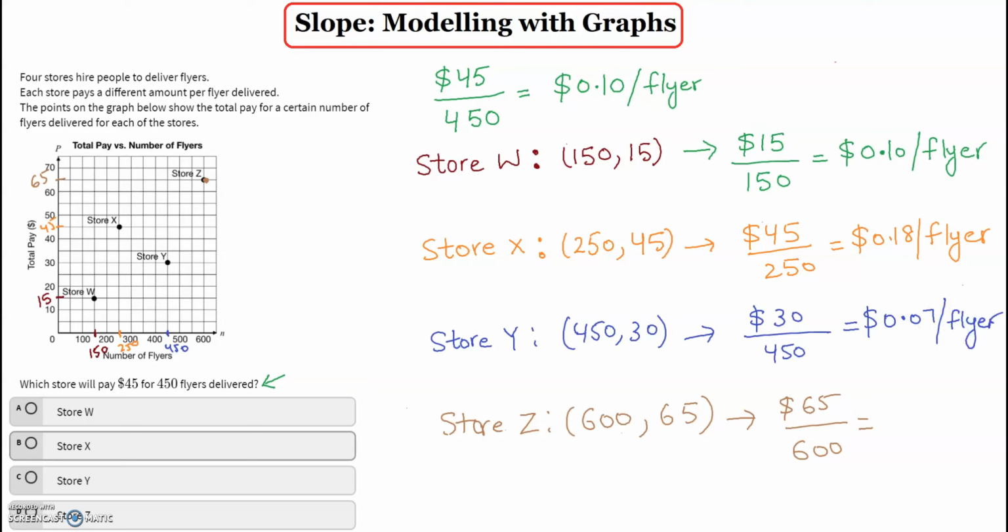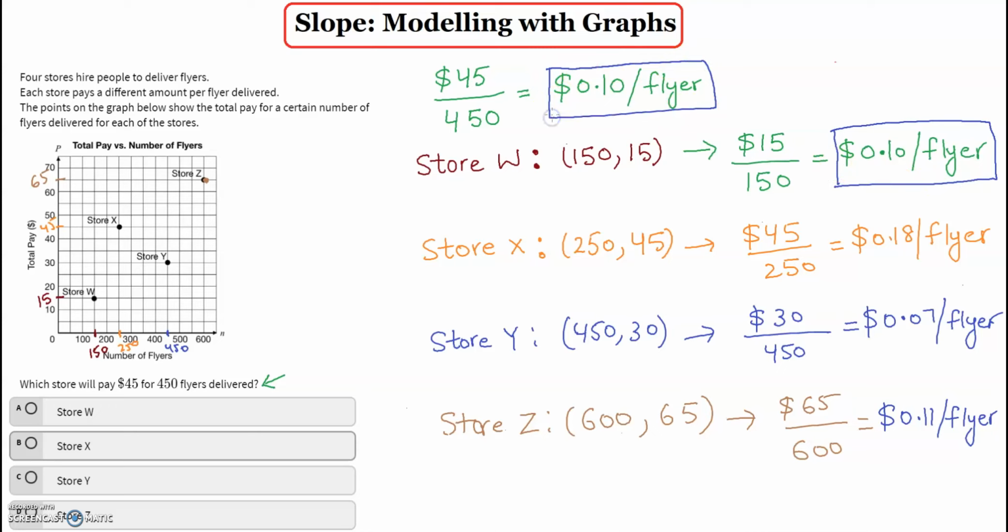When I divide 65 with 600, I will get approximately 11 cents per flyer. So out of store W, store X, Y, and Z, I get 10 cents for store W, which is equal to this one. Therefore, the correct answer is option A.